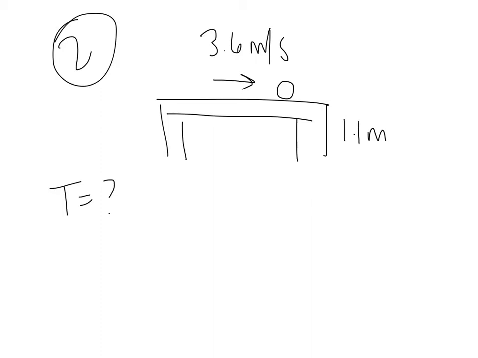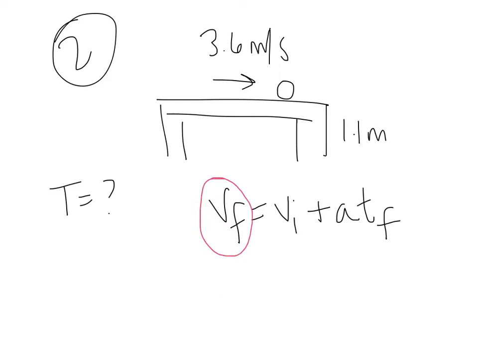So we want to look at our formulas and try to decide which formula to use. I want you guys to look at your formula sheet. If you have this formula, now, do I know velocity final? Do I know velocity initial?